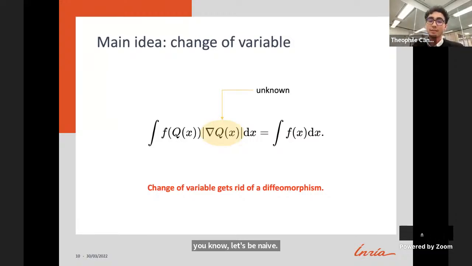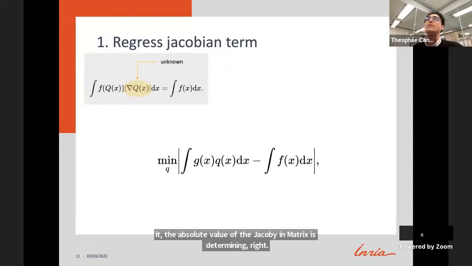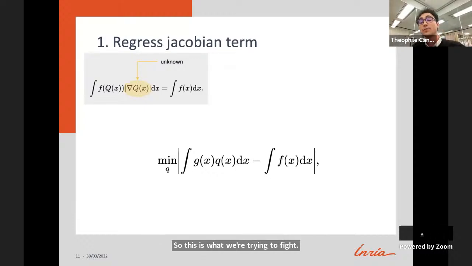If it's unknown, let's try to find it, and call it small q. We're going to look for the minimum of the distance between the integral of g with weight q, where g is f composed with big Q. So small q should become, when we minimize it, the absolute value of the Jacobian matrix's determinant. This is what we're trying to find. So what's the problem with this?